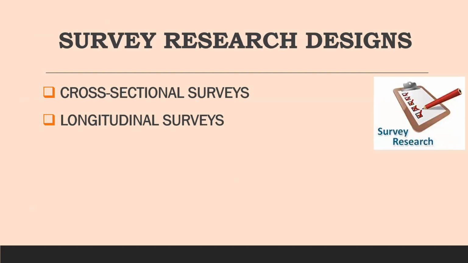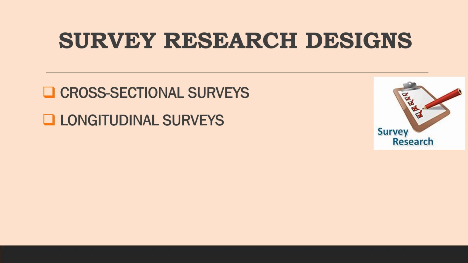So survey research designs. And remember, I talked about the cross-sectional and the longitudinal surveys. Now, survey studies generally come into one of two designs, the cross-sectional and the longitudinal studies. Now, the key difference between these two types is the number of times the survey is administered.